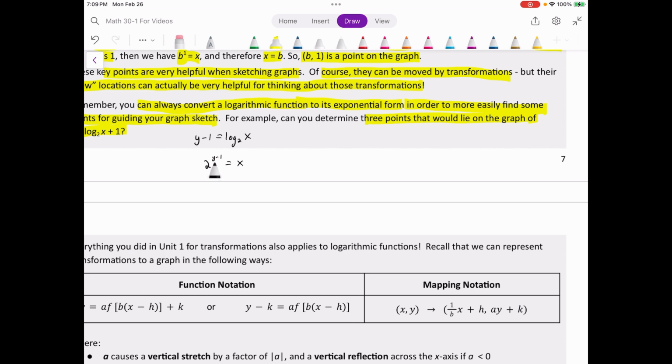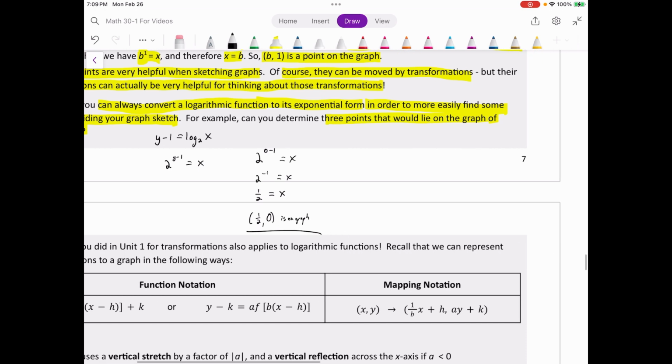But just for finding some points, we can say, okay, what about when y is 0? This is 2 to the 0 minus 1 equals x. So that's 2 to the negative 1 is x, or 1 over 2 is x. So when y is 0, x is 1/2. So 1/2, 0 is on the graph. There's 1 point, okay? What about when y is 1?